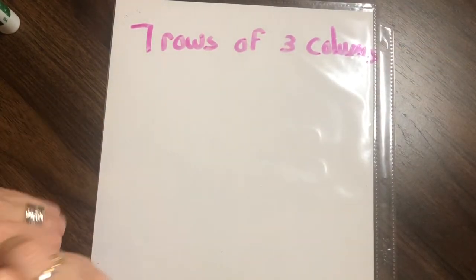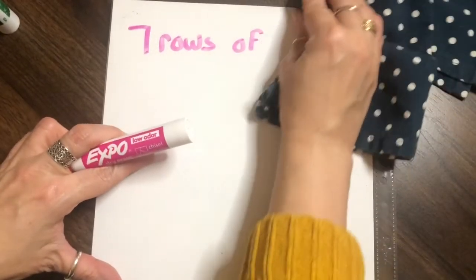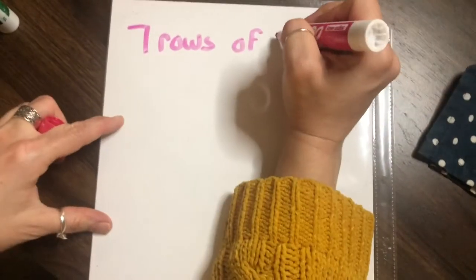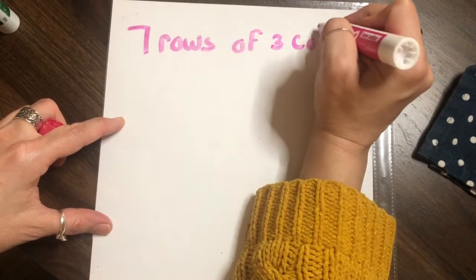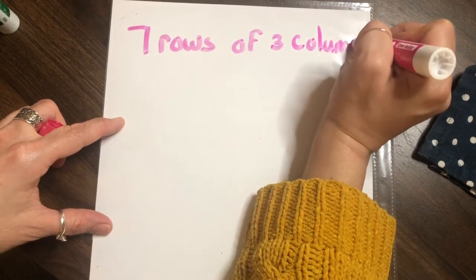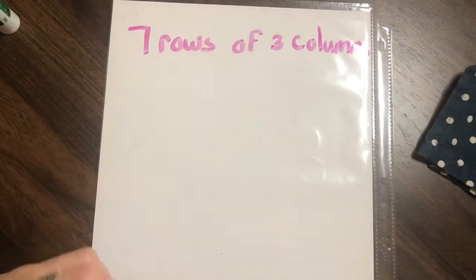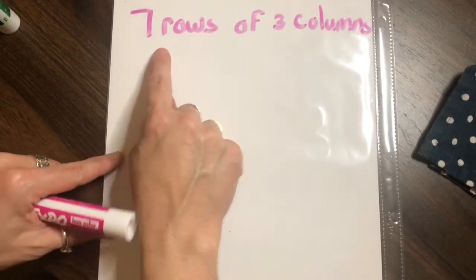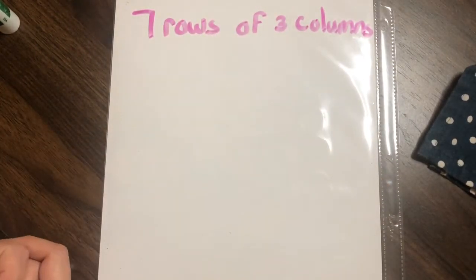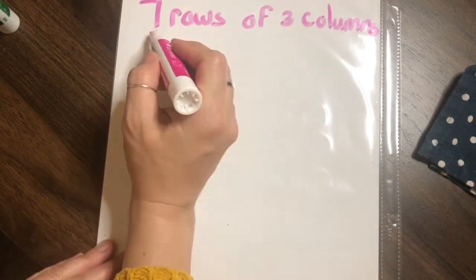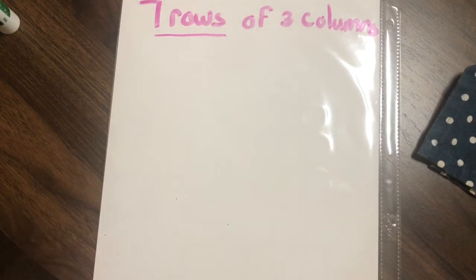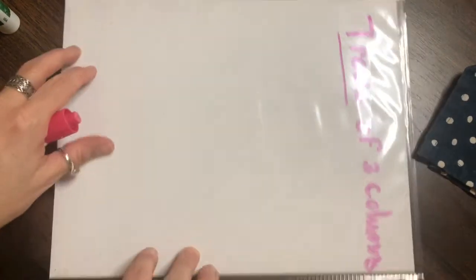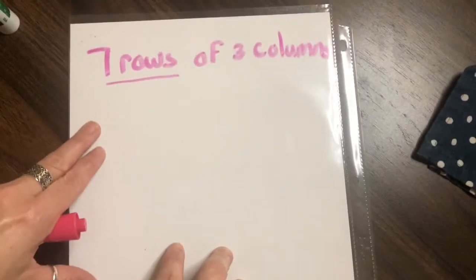When you are done building an array that matches 7 rows of 3 columns, write a multiplication sentence where the number of groups is the rows. Then turn your board horizontally and write the new multiplication sentence. All right, third graders, get to work.